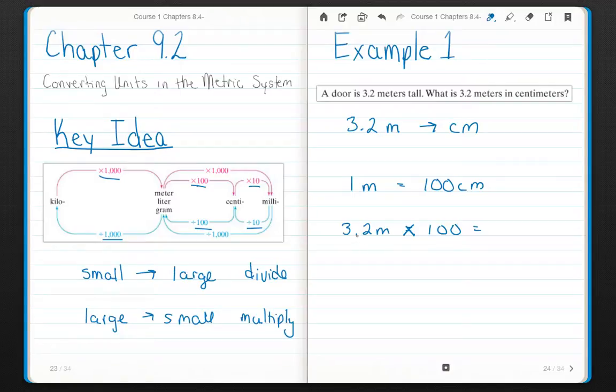When I multiply by 100, I can just move the decimal point 2 places to the right. 1, 2, put a 0 in here because I have an empty place. So 3.2 meters is equal to 320 centimeters.